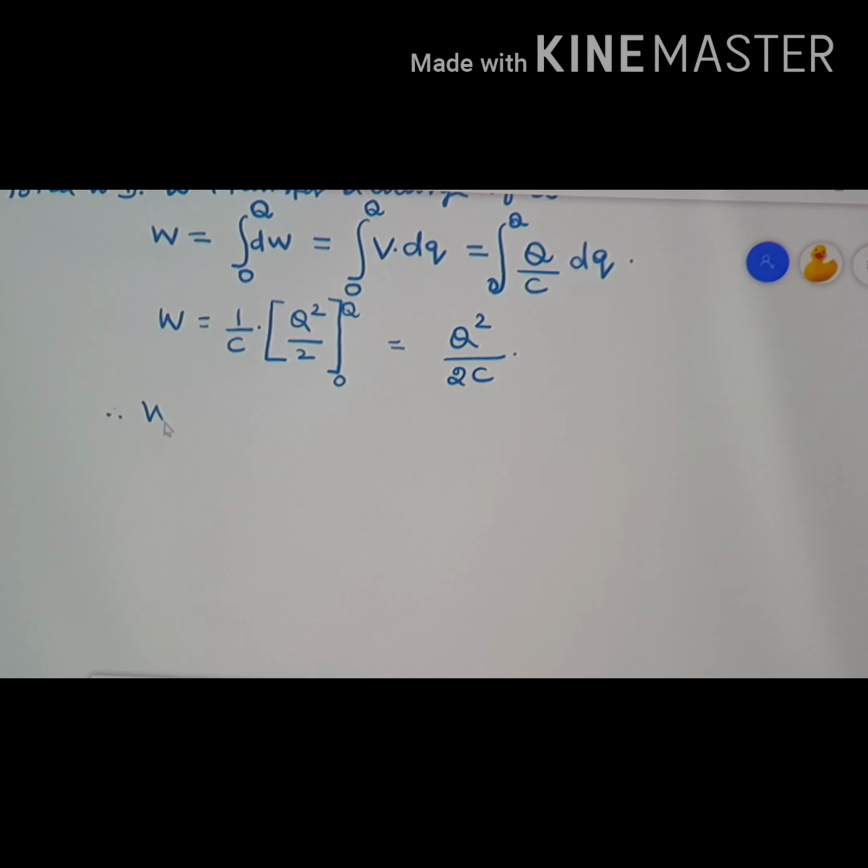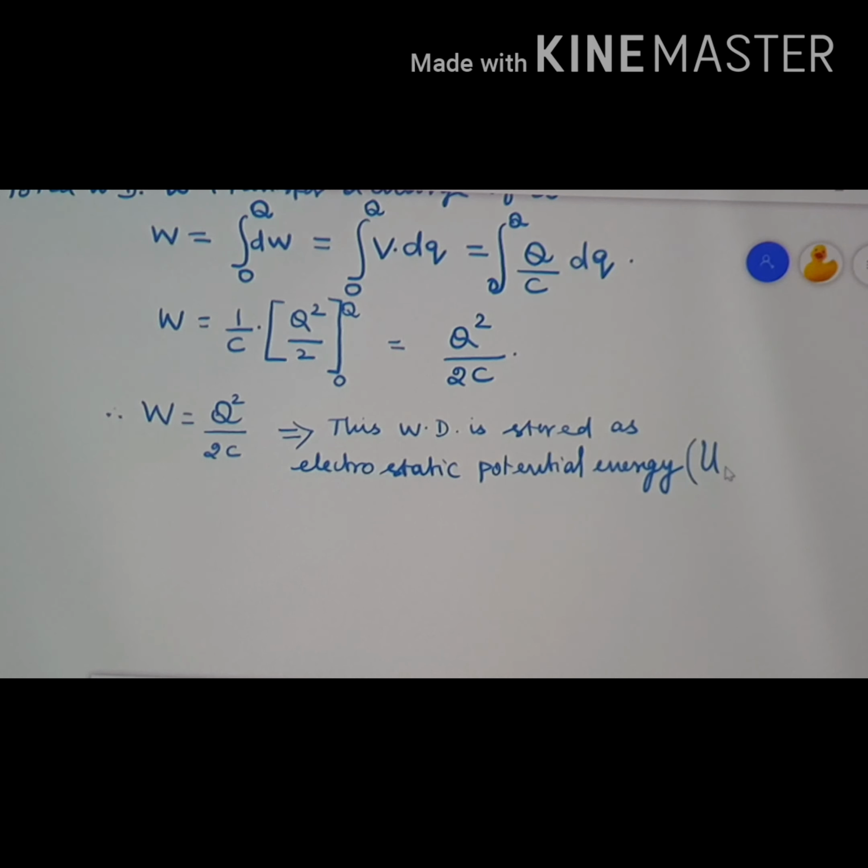Again I am writing the work done W is equal to Q square divided by 2C, and we can say this work done is stored as electrostatic potential energy, and this electrostatic potential energy is represented as epsilon E in the capacitor, or the potential energy of the capacitor.